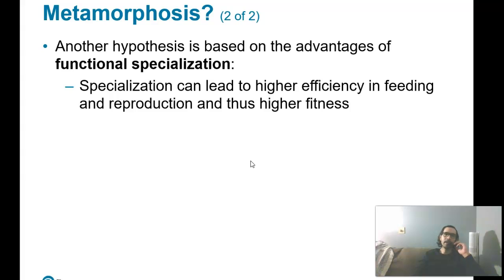The other hypothesis is based on advantages of functional specialization, where the larval form is specialized for feeding, while the adult form would be specialized for dispersal or mating, or both.